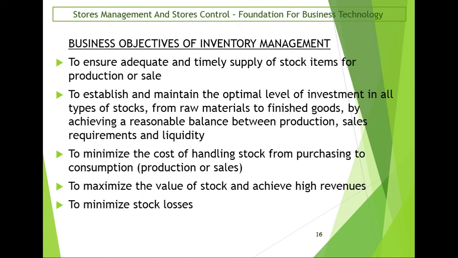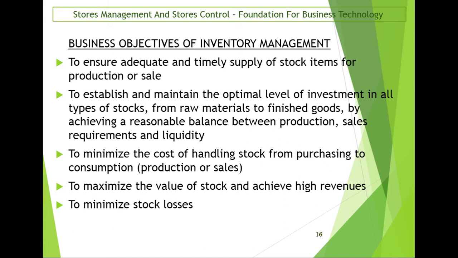Secondly, we need to establish and maintain the optimal level of investment in all types of stock, from raw materials to finished goods, by achieving a reasonable balance between production, sales requirements, and liquidity. Whereas the first objective says we need to have sufficient stock all the time, there is also a danger of having too much stock, which now leads to expensive storage costs.